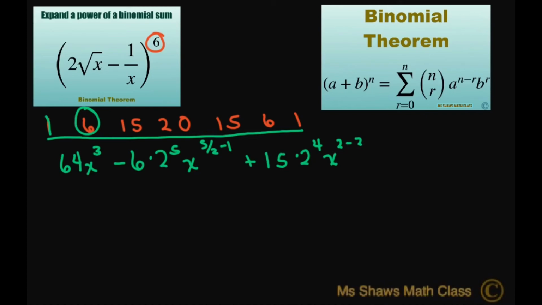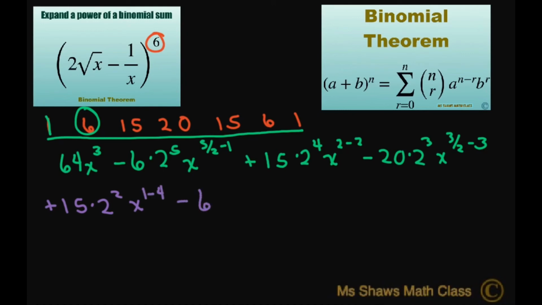And then let's see what's next. 20. Minus 20 times 2 to the power of 3, and then we have x to the power of 3 halves minus 3. And then we have plus 15 times 2 to the power of 2 times x to the power of 1 minus 4.